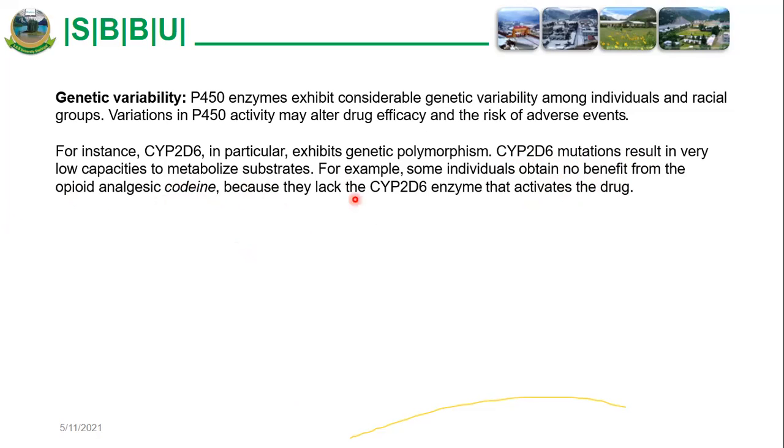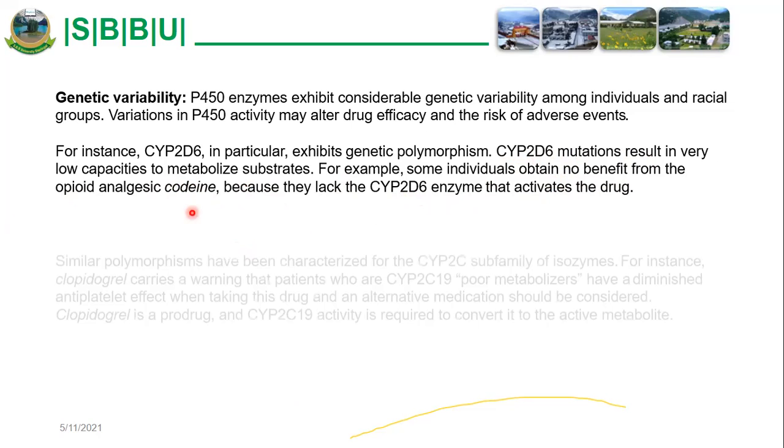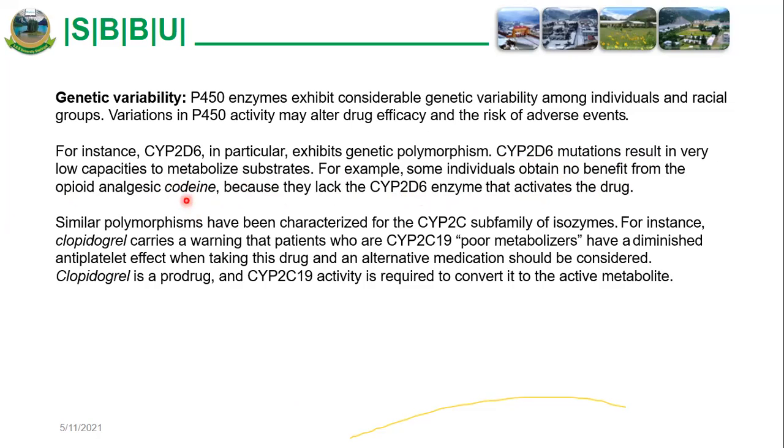If a person is deficient in this cytochrome P2D6 enzyme, codeine is not activated. Codeine is not an active drug, and it becomes active only when metabolized by this cytochrome P450 isoform. So people with a deficiency of this CYP2D6 isoform do not benefit from codeine analgesics.